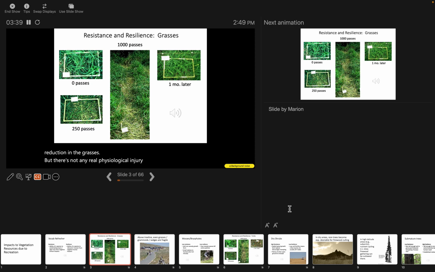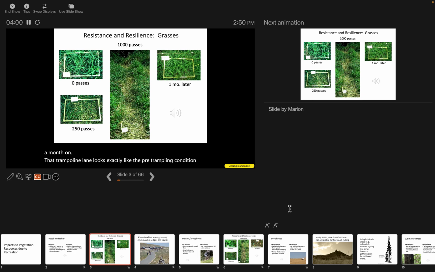After 1,000 passes, we have height reduction and tissue damage. So we're into the resilience phase of this dynamic of impact, not the extirpation phase, because a month on, that trampling lane looks exactly like the pre-trampling condition.